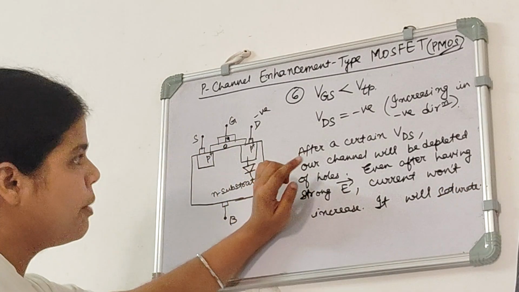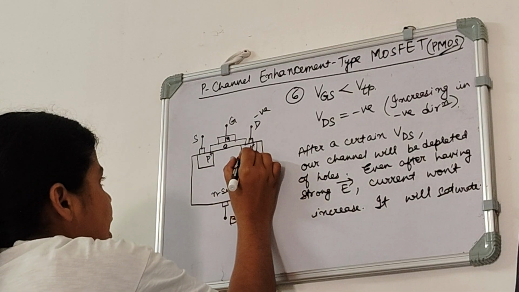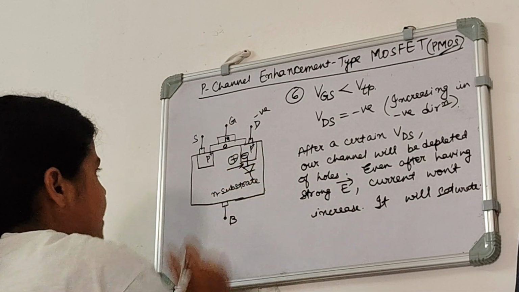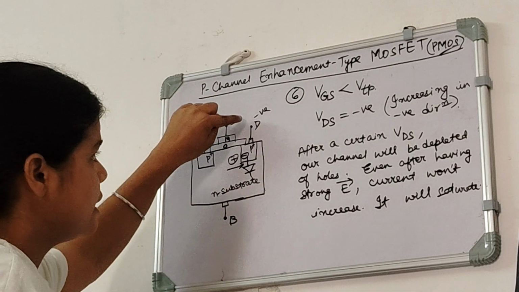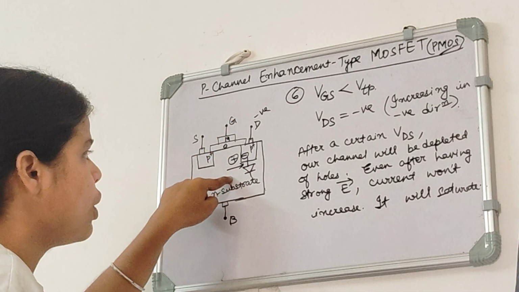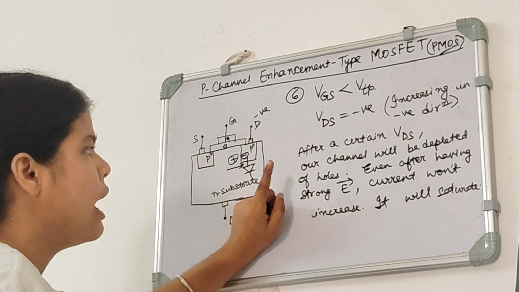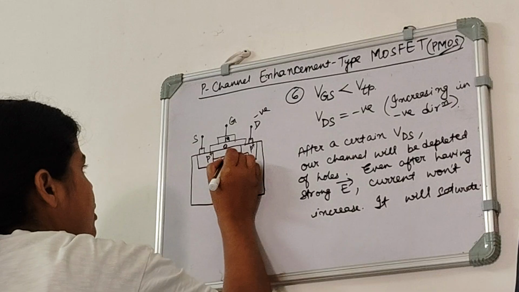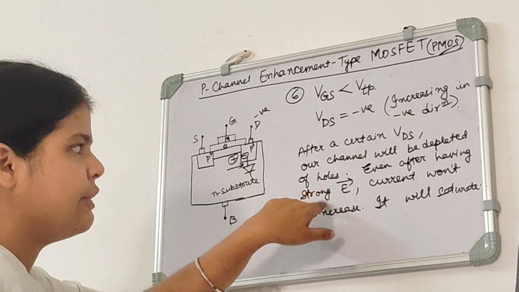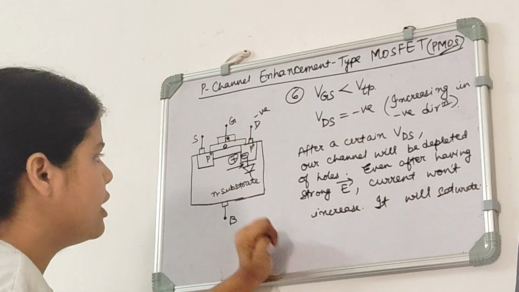So here we are applying negative voltage at VDS. We will have an electric field here in this direction, and if we keep on increasing this negative voltage, our electric field will be getting stronger. But after a certain VDS value, this channel will be so depleted of holes that even after having a strong electric field, current won't be able to increase because there won't be many holes left in the channel.